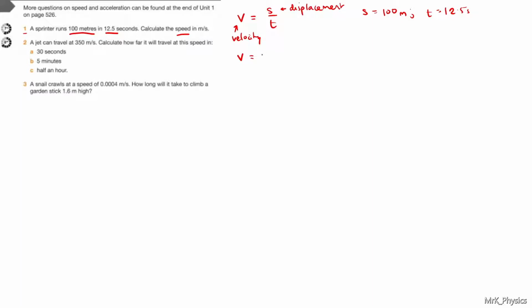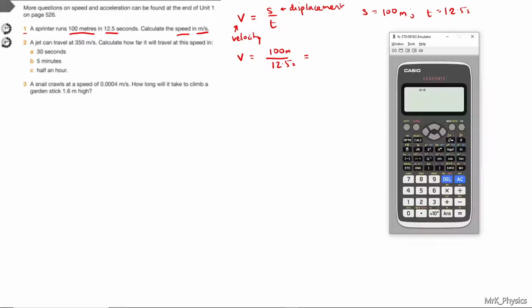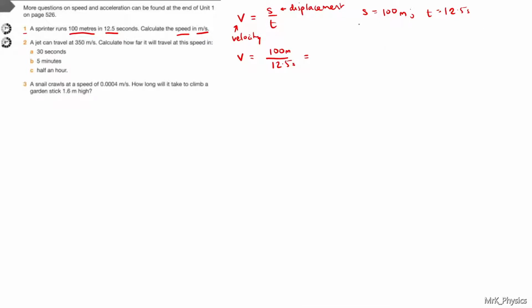Stick with that notation, even though it's scalar speed. We just put in 100 divided by 12.5. Don't need to worry about anything else because it's already in meters and seconds. Bring up the calculator, 100 divided by 12.5, and there you go, that's your answer, 8 meters per second. So that's that one done.